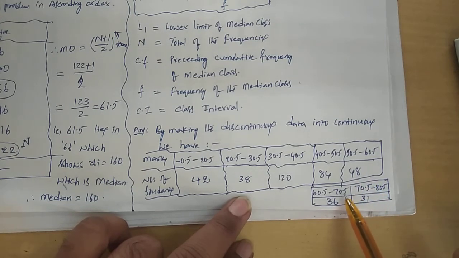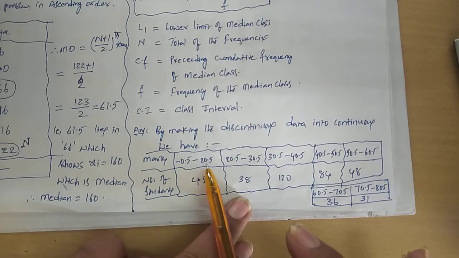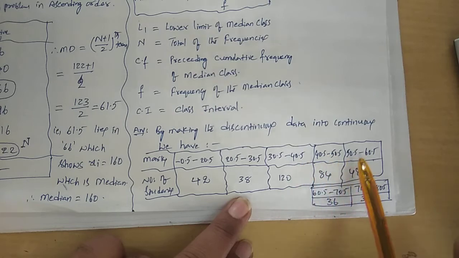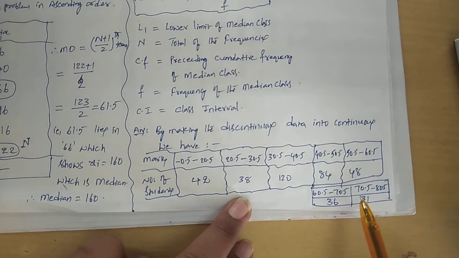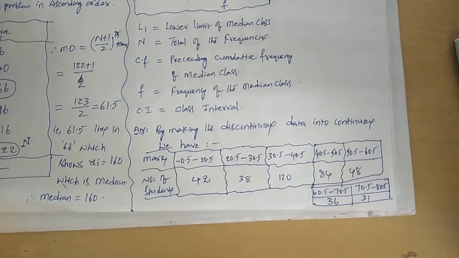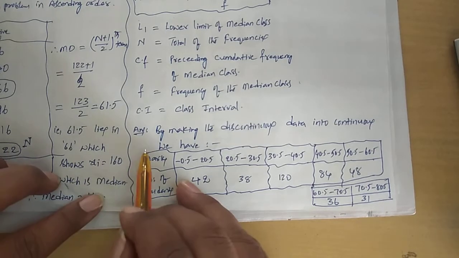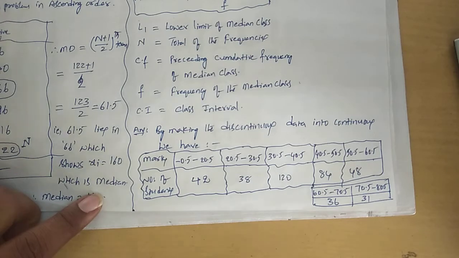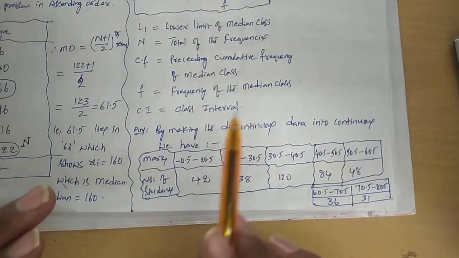Now see, everywhere consecutively: higher limit, lower limit, higher limit, lower limit. So the data has now become continuous. Now we apply the given formula directly. Getting my point? This is a very, very important step.